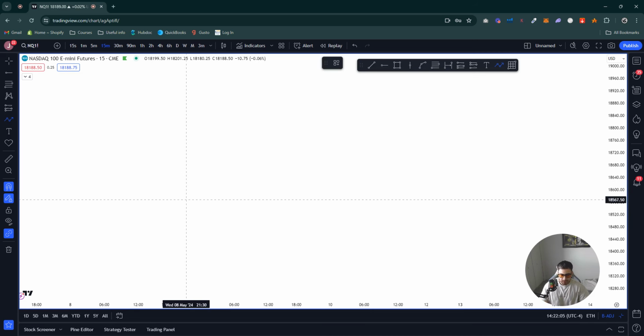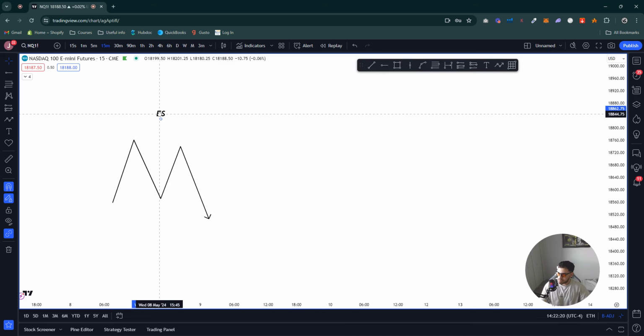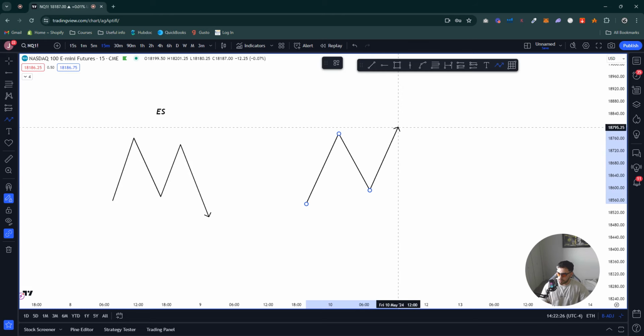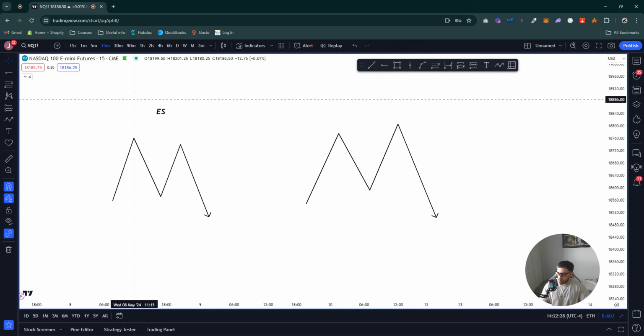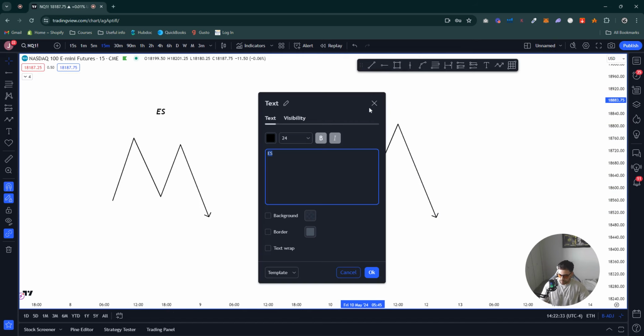So an SMT divergence is basically going to be something like this. Let's say that this over here is ES, the S&P 500. Let's say this is the ES index, and then we have NQ. What do you see as the difference here?